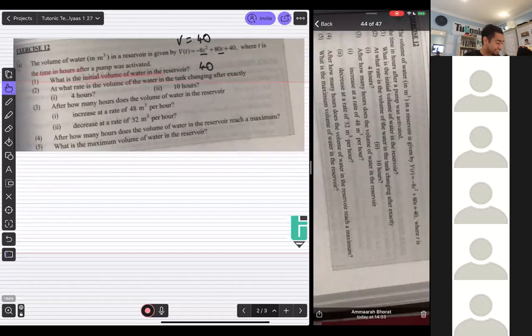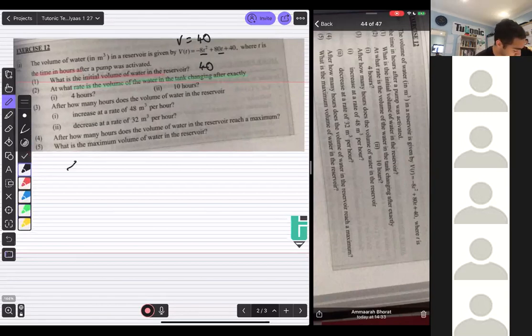Okay, at what rate is the volume of the water changing? So they're saying the change in V, the change in the volume, and whenever they use rate, what do they mean? What does rate imply? In physics, who does physics?